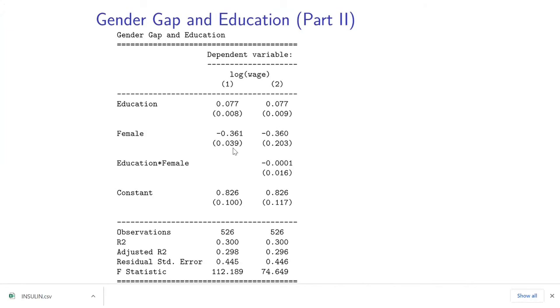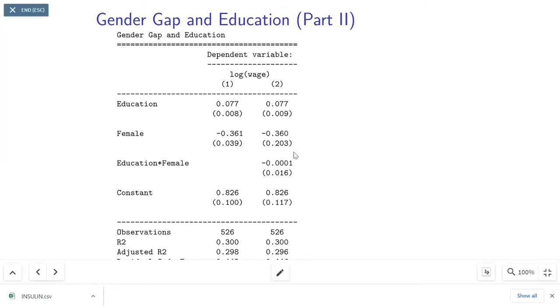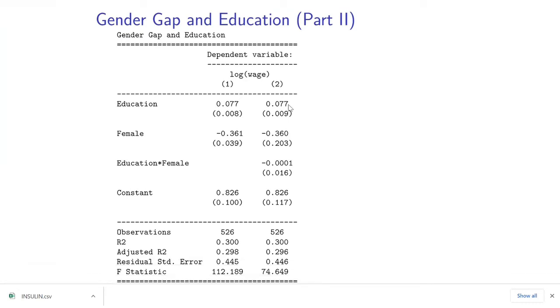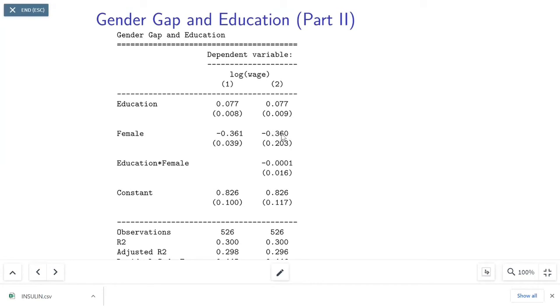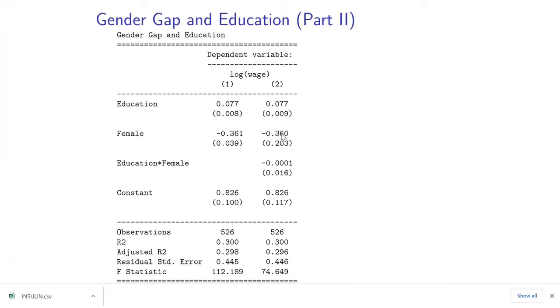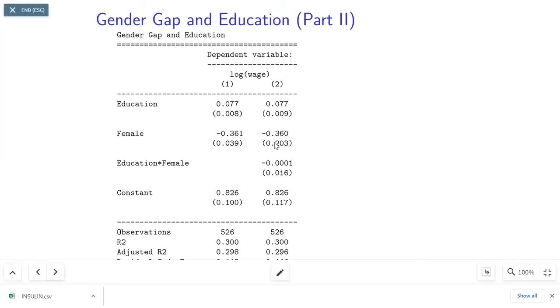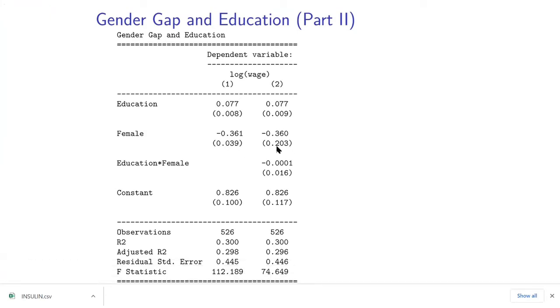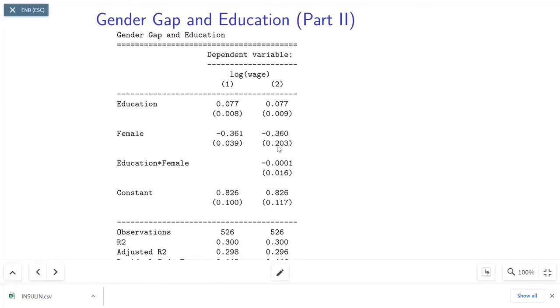After including the interaction term in Model 2, we see that education is still statistically significant at the 5% level, but now the female dummy is only statistically significant at the 10% level, because the standard error for the female dummy increased exponentially from Model 1 to Model 2. This is because by including the interaction term in the model, we introduced imperfect multicollinearity, and hence the estimated standard error for the female dummy is inflated.